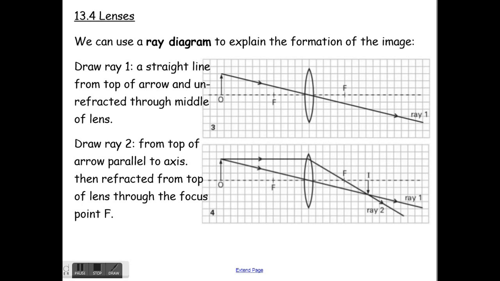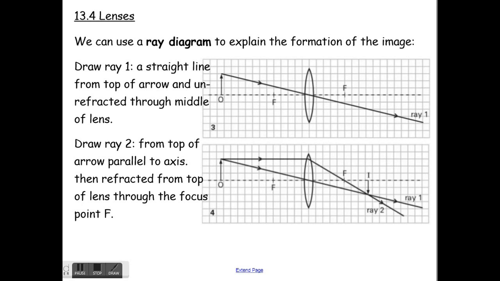Does that make sense? How to draw our ray diagram? Not really? Where did I lose you? This line, like I said, you draw this arrow up, which should be about the same height as your lens here. It will always go from the top through the center of your lens, every time. The first one will always do that.